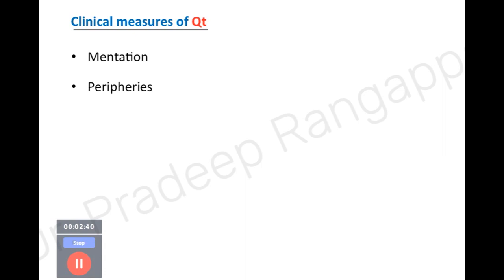And peripheries, so it is always very important. When I'm talking to my trainees, it's always good to touch the patient's feet and see whether the feet are warm or cold. If someone has ice cold feet with a low blood pressure and a cardiac history, then you know already that his cardiac output is very low. There's not enough perfusion happening in the periphery. So simple clinical tools should also be utilized to ascertain the cardiac output.